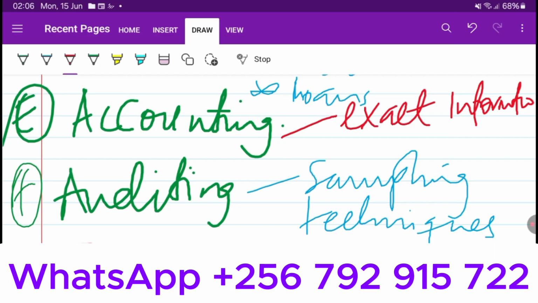Maybe we are going to pick cash registers, or asset registers, or the inventory books. Because when you are doing auditing, you can't audit every document of the organization. We carry out what we call sampling.